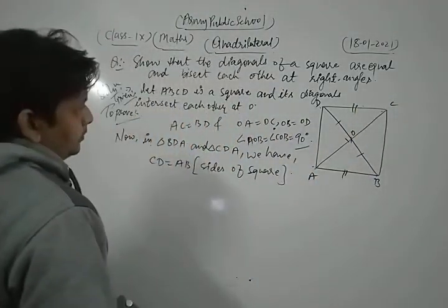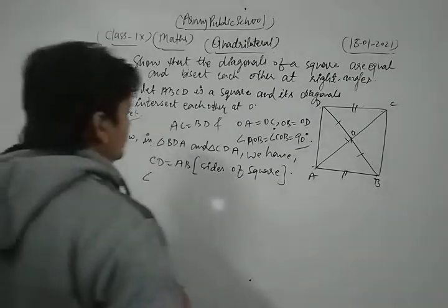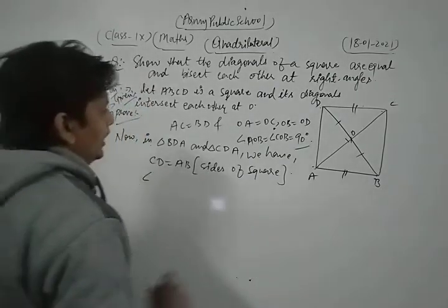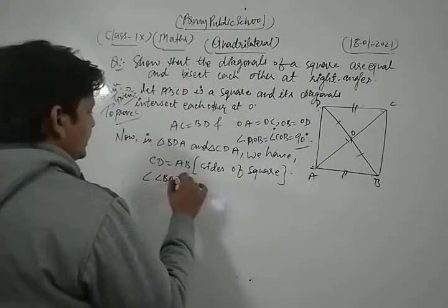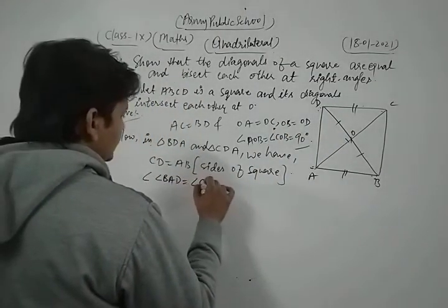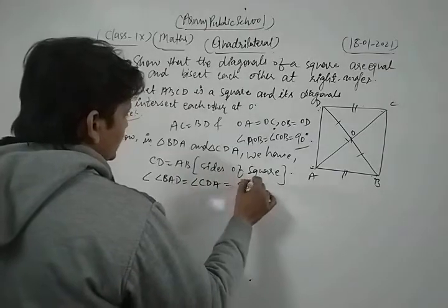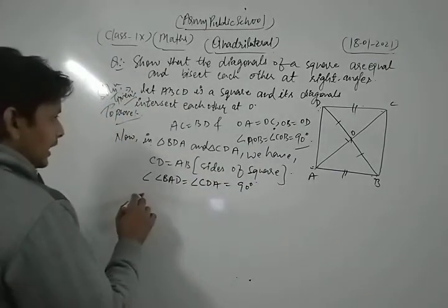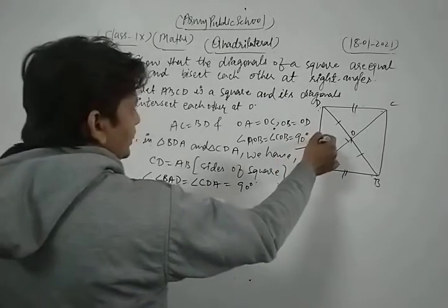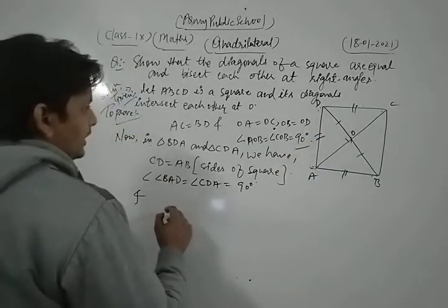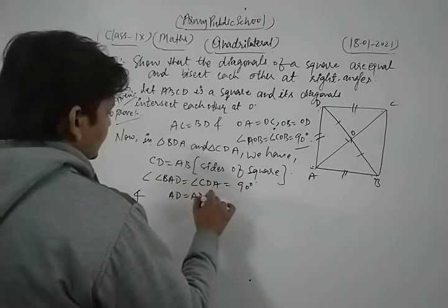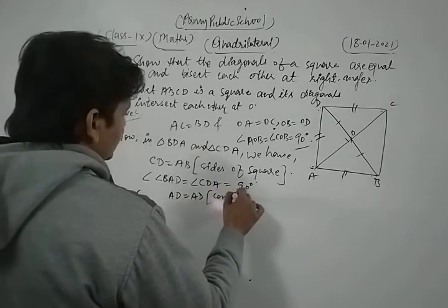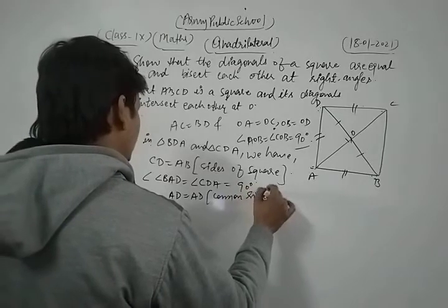Now let's see, angle BAD is the same as angle CDA, each equal to 90 degrees, and AD is common in both triangles. AD is equal to AD, this is the common side.